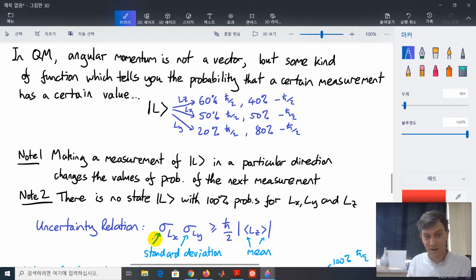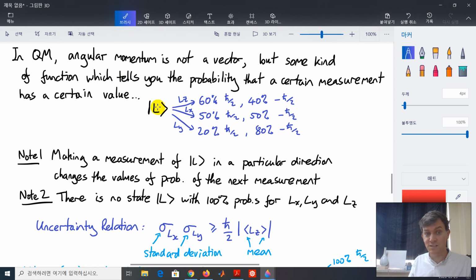These two things here are central to the full theory of quantum mechanics. This is not something that's specific to angular momentum, but actually applies to all measurable quantities. Rather than telling you exactly the values of the quantities, in a general case, you have to talk about probabilities.